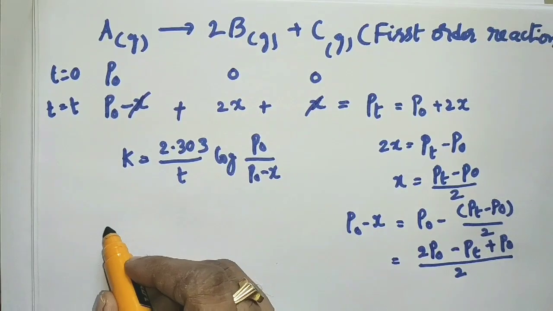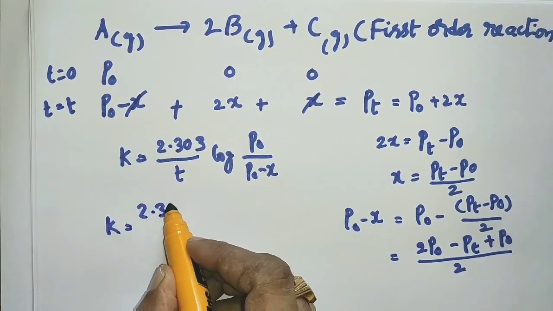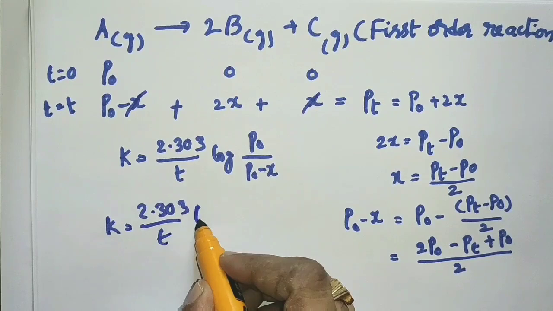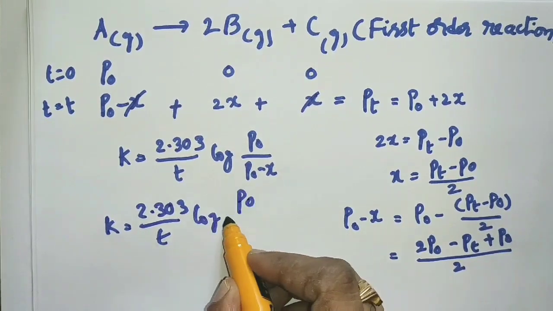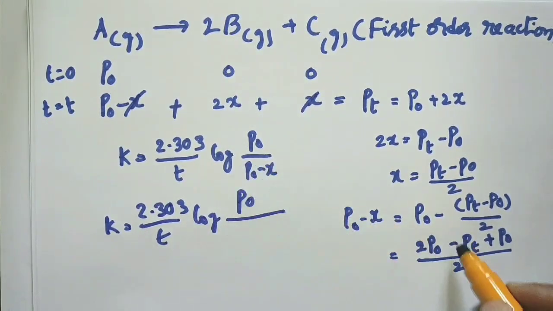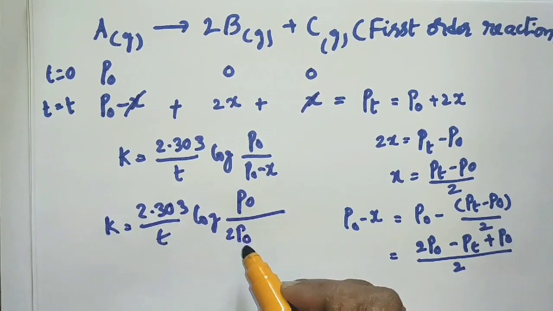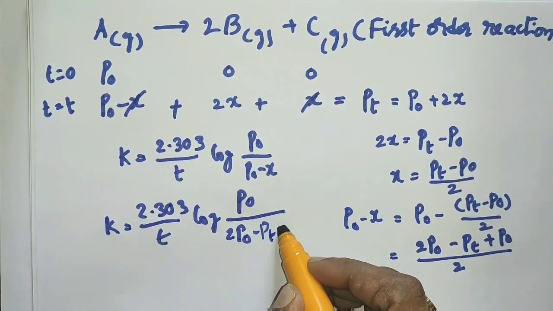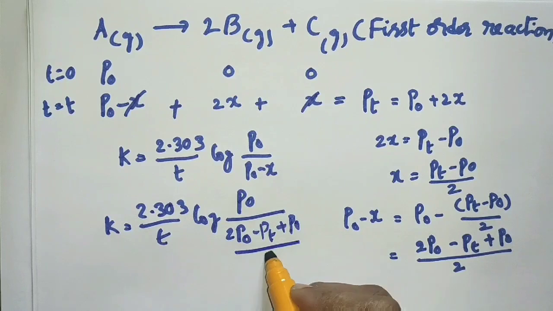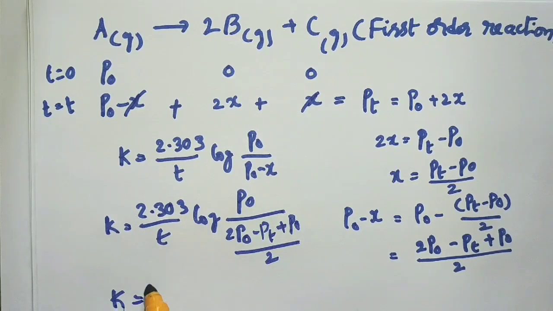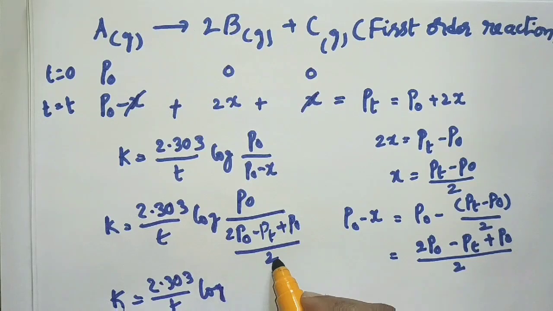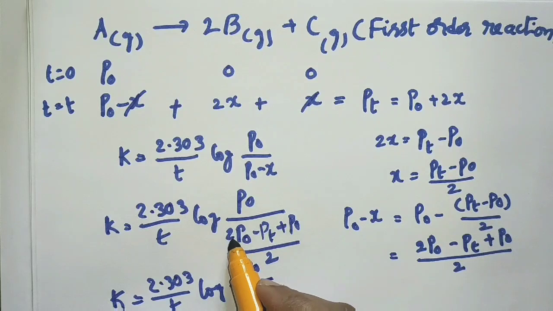K equal to 2.303 by T into log P naught by, instead of P naught minus X, you can substitute this (2 P naught minus PT plus P naught) by 2. So K equal to 2.303 by T into log, this 2 will go to the numerator, 2 P naught by, here 2 P naught plus P naught we have 3 P naught minus PT.